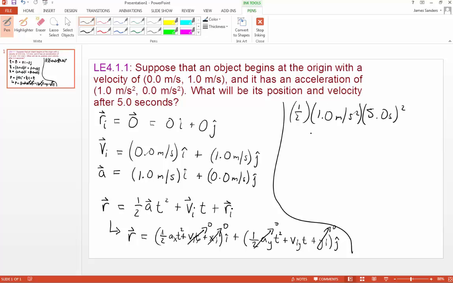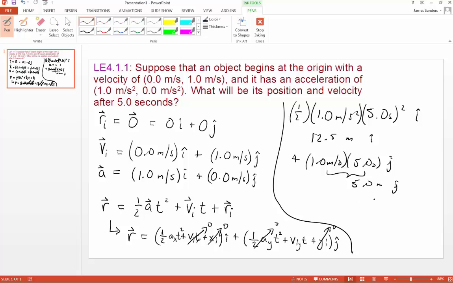So you end up with basically 1/2 times 25, or 12.5 meters in the i hat direction, and then in the j hat direction you have plus 1.0 meters per second times 5 seconds times j hat, which is 5.0 meters j hat.